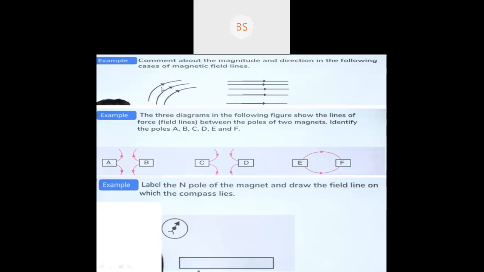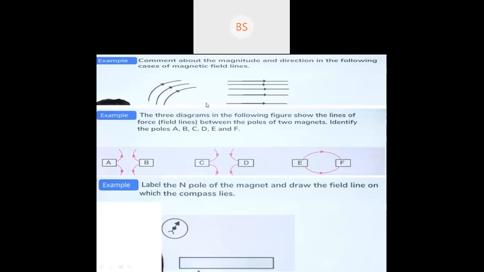You can see the direction of the arrow marks is on the same side. The direction is the same. Along with that, you can see the distance between the two magnetic field lines is equal everywhere.